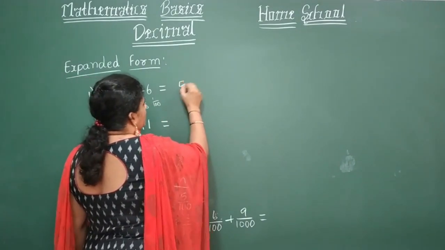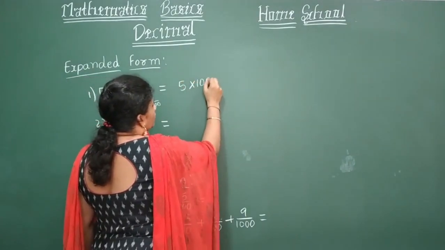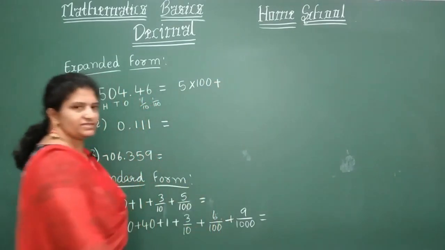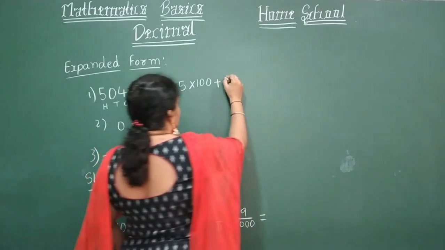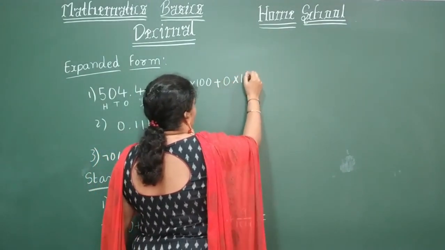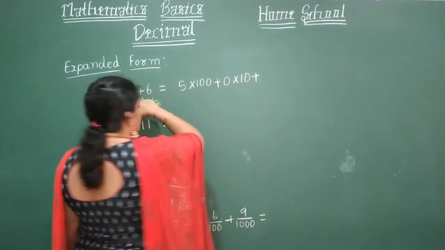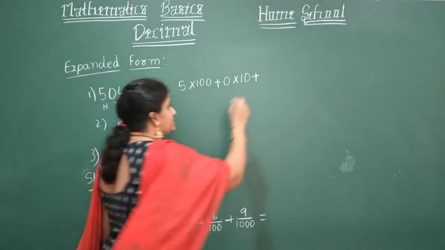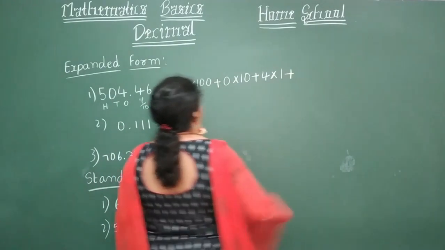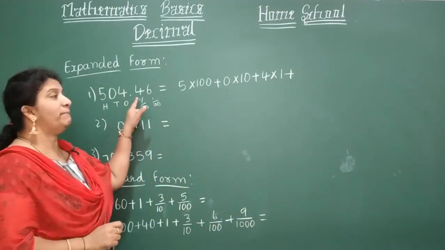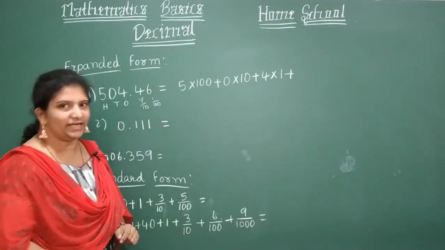So how will you expand, children? 5 into 100 plus. So 0 is in which place? Tens place. So that is 0 into 10 plus 4 is in units place. 4 into 1 plus. Now, the decimal part also we have to continue here.